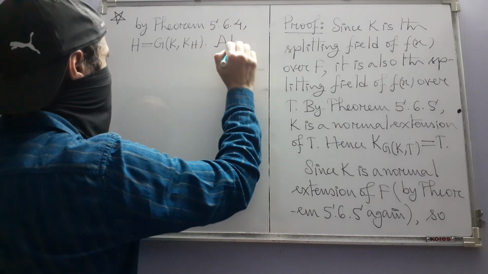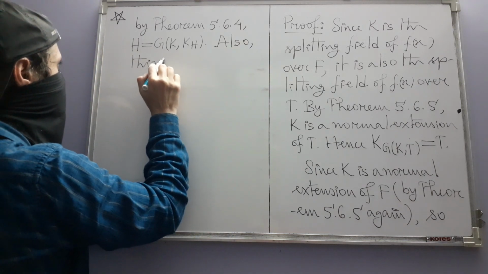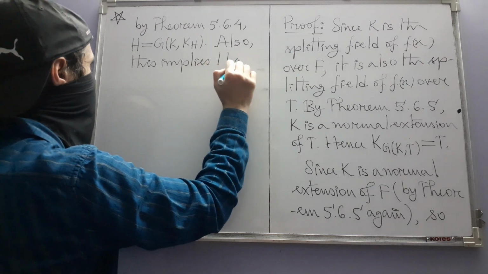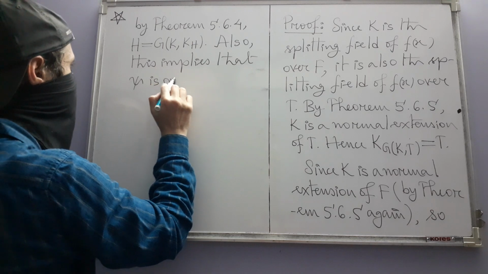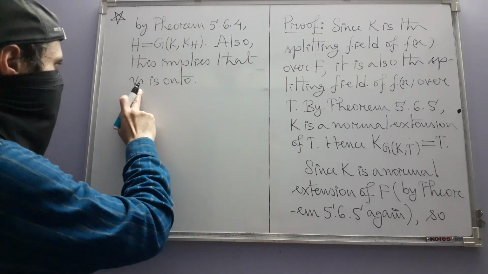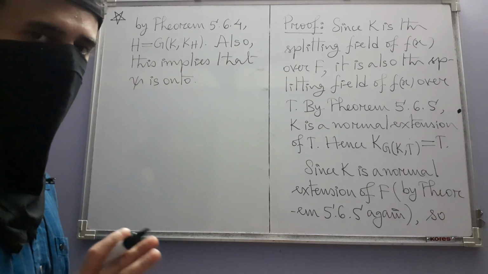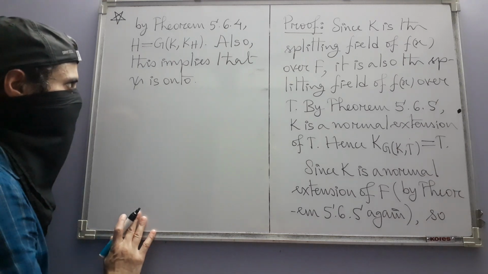Also, this implies that psi is one-to-one and onto. You see, in the text you won't find any name psi like this given to that association, that one-to-one correspondence.